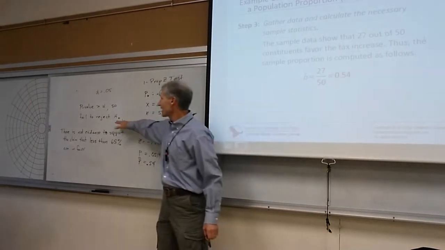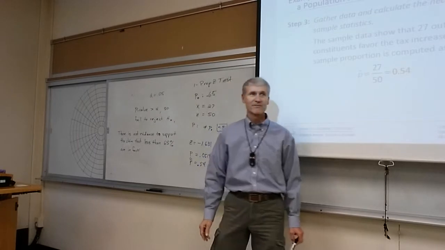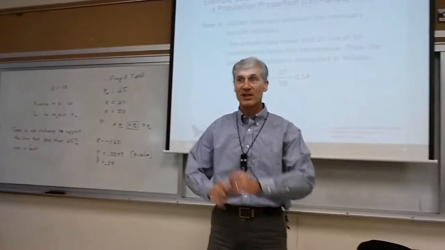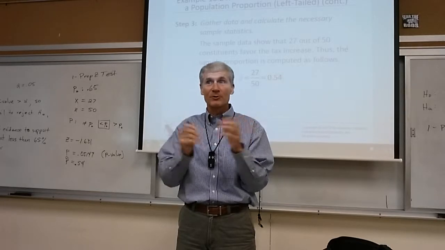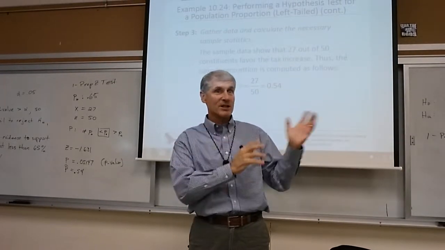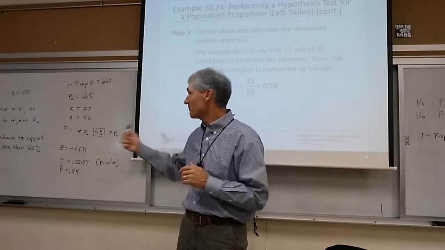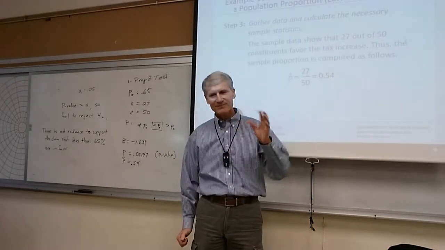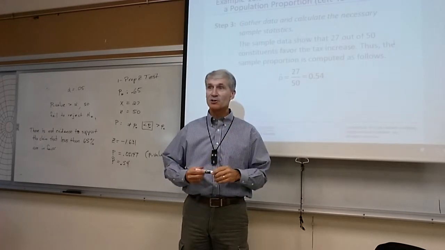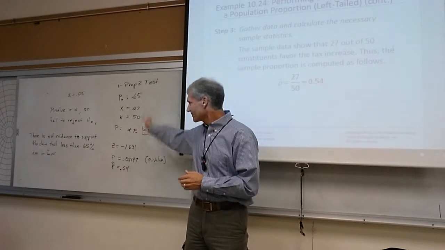So the fact that we failed to reject, we barely failed to reject. We say, if you get less than or equal to a 5% chance, then you're going to reject the null. And we got a 5.1% chance.